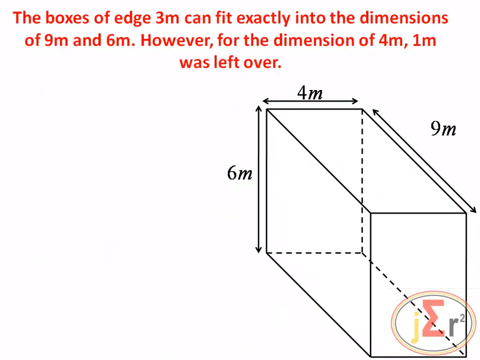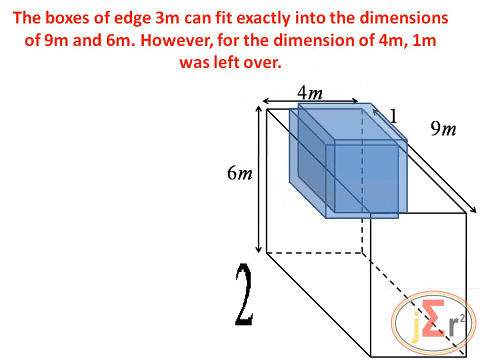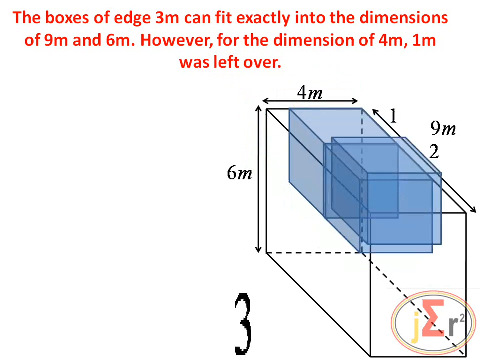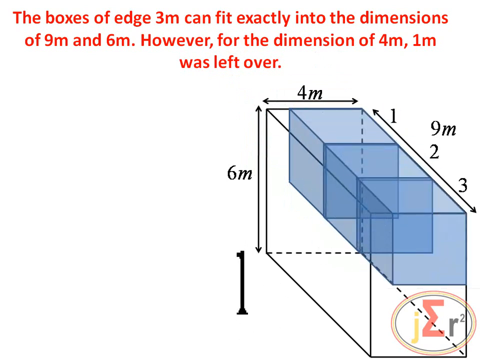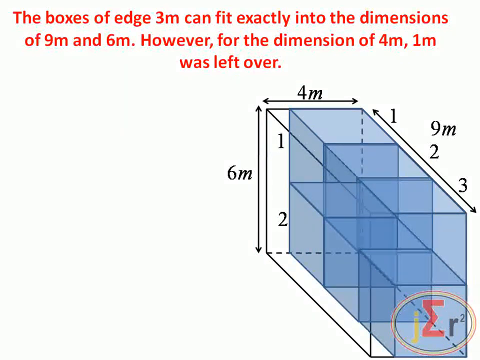The boxes of edge 3 meter can fit exactly in the dimensions of 9 meter and 6 meter. However, for the dimension of 4 meter, 1 meter was left over. So that is for the cubes of edge 3 meters. We have established that before, so we know how they may be loaded in the back of the truck.